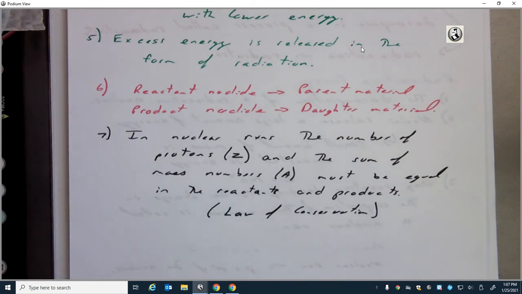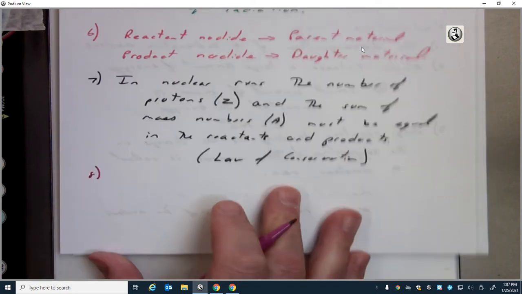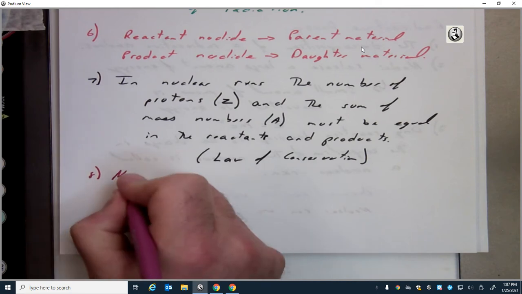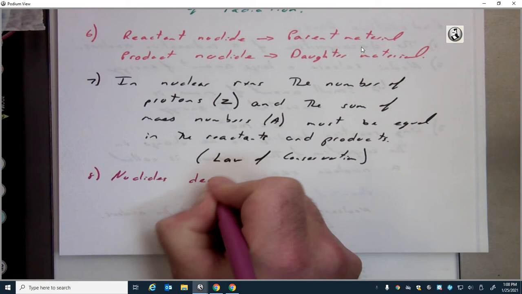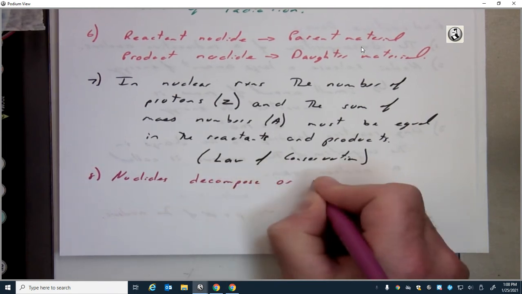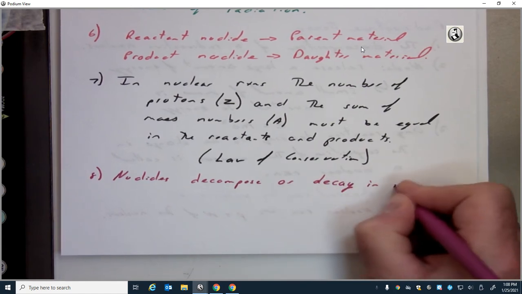All right, number 8. Our nuclides decompose or decay in many ways.